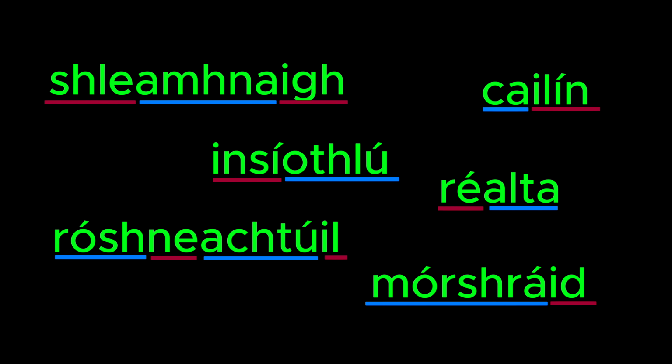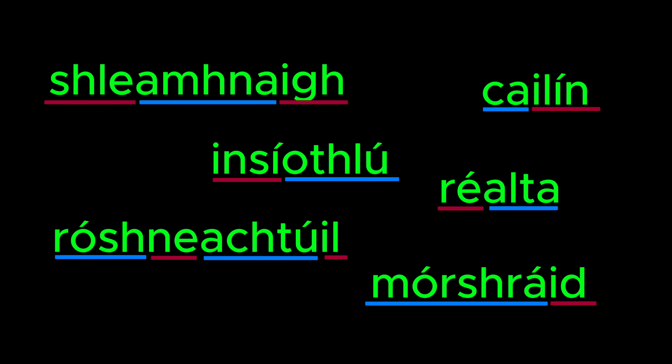For example, the letter L in Relta is broad, whereas the letter L in Gaeilge is slender, where the broad consonant is produced with the tongue back or down, and the slender consonant is produced with the tongue forward, towards the front of the mouth.